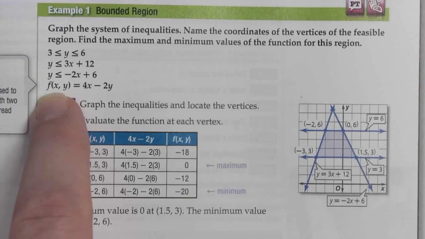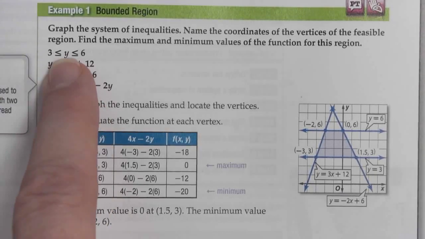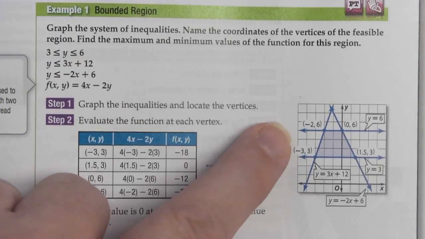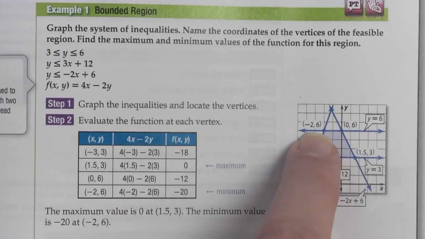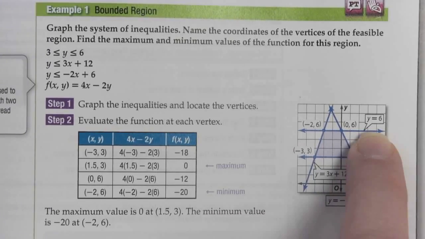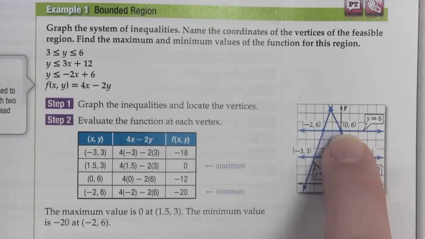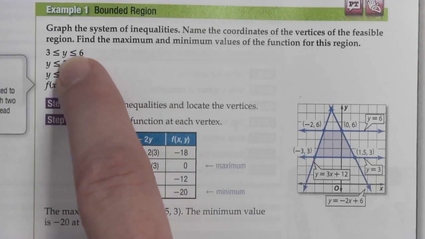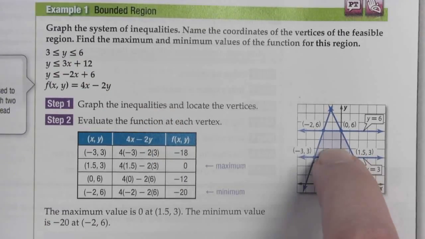Okay, so we have 3 is less than or equal to y, which is less than or equal to 6. Do you see that right here we have a line that represents y equals 6? You guys see that? Now, y is less than or equal to 6, so that'd be shaded downward.